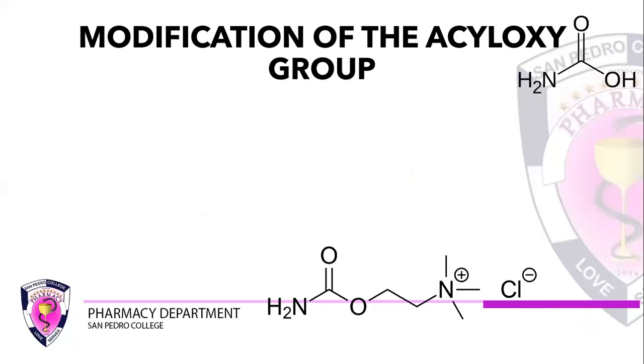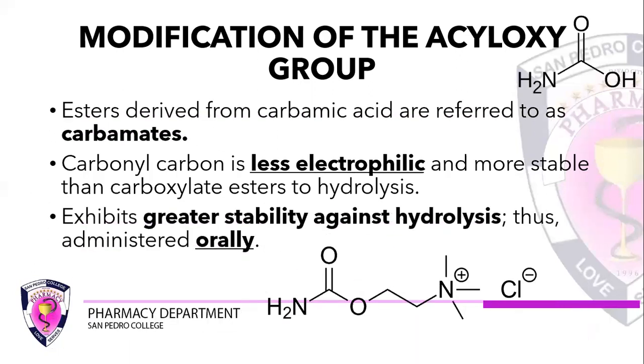Alright? So this one is the result of your modification of your acetoxy group. So esters derived from carbamic acid are referred to as carbamates, and they exhibit greater stability against hydrolysis. Thus, they can be administered orally.